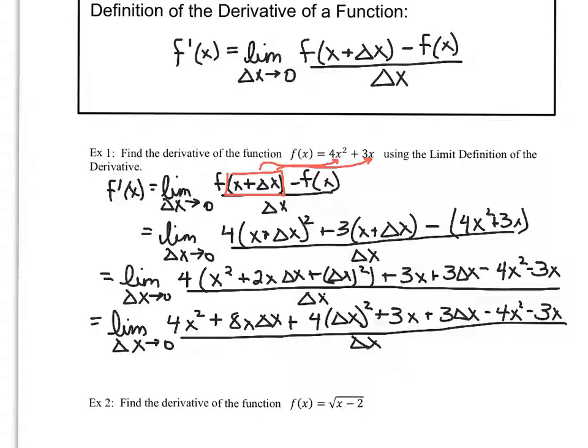So now it's just a matter of simplifying by canceling off like terms. So I see a 4x squared here is going to cancel with a 4x squared here that's negative. I also have a 3x that's going to cancel with the negative 3x.